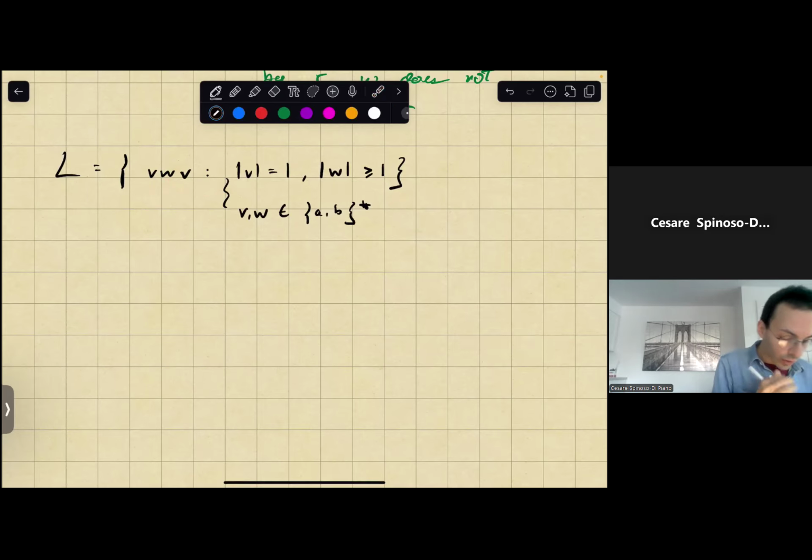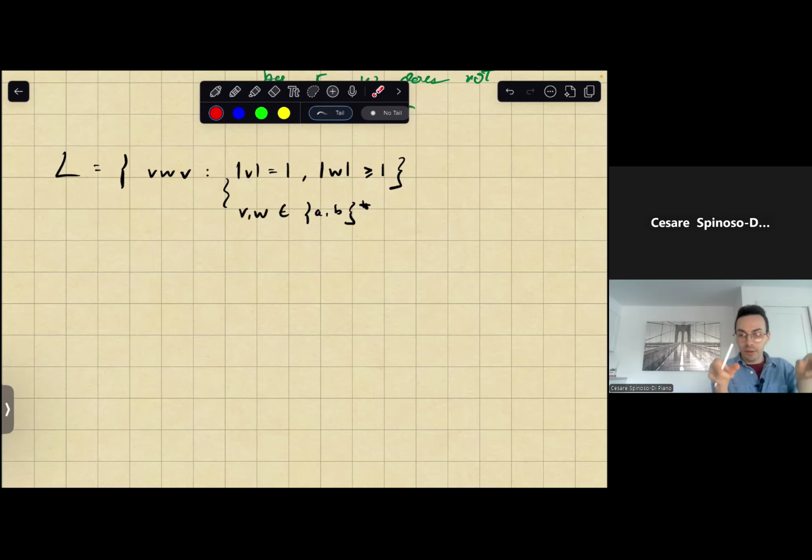Right. So first of all, let's look at strings that would be in this language. My strings have to essentially start and end with the same letter, right? Because V is at the beginning and at the end of the string, it describes what the first and the last part of the string should be.